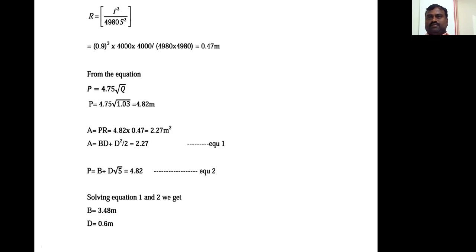Using the area expression, this equation is considered as equation 1, and the perimeter equation is considered as equation 2. So solving equations 1 and 2, the values of B and D are calculated here. B is obtained as equal to 3.48 meter, and depth of flow D is equal to 0.6 meter.